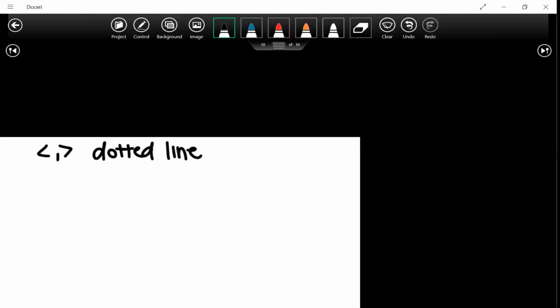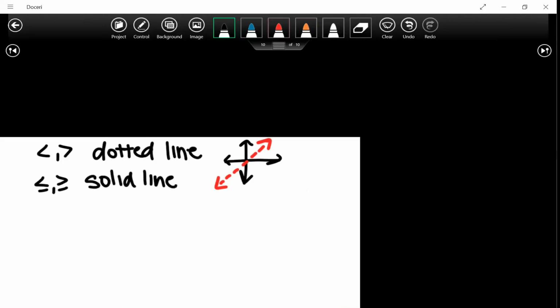It's going to look something like this, where the inequality will look dotted. If it is less than or equal to or greater than or equal to, it's a solid line. And this one will look like this, doing it in blue, solid line.